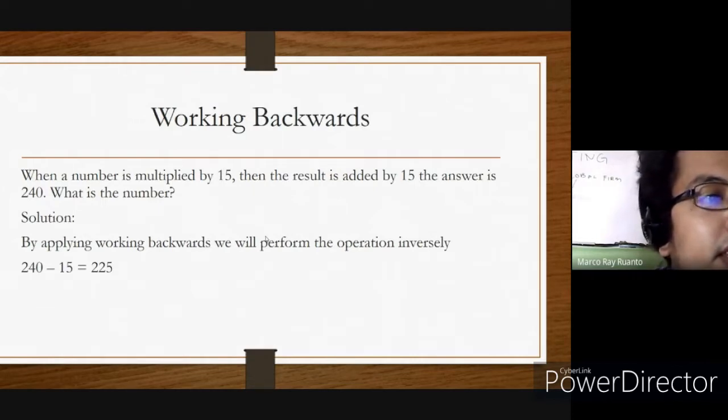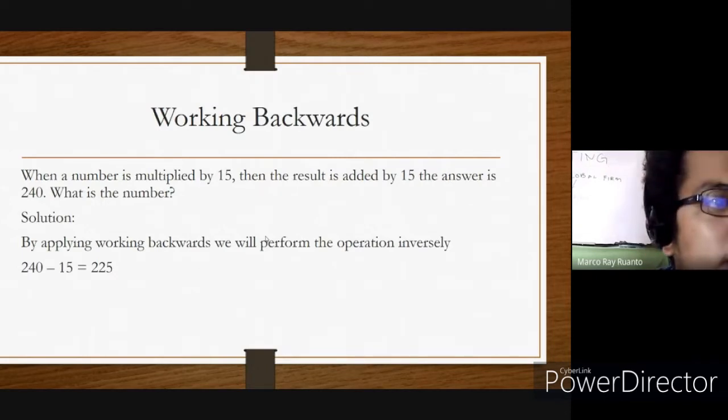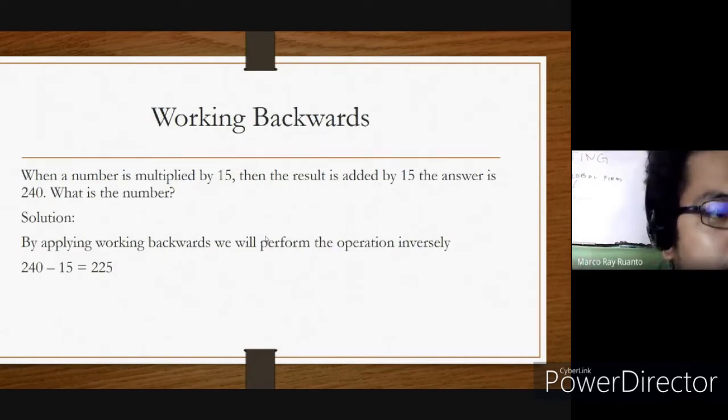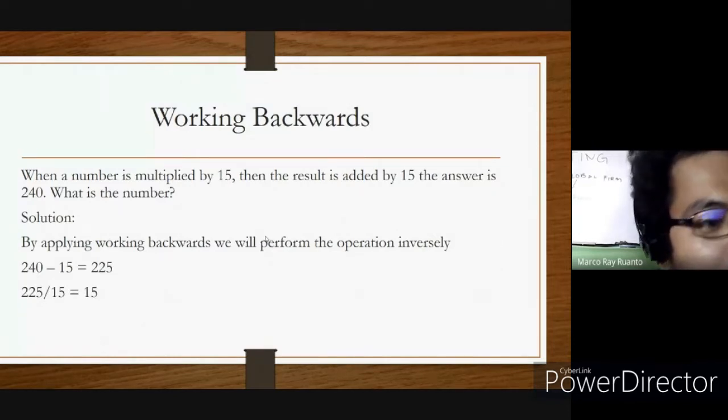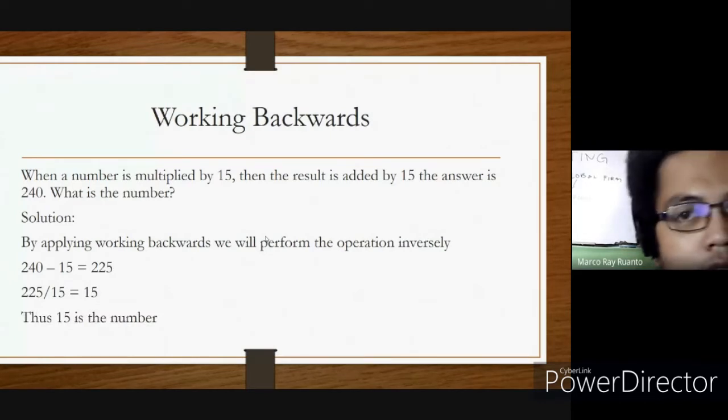Then let's go back to the previous one. In the forward direction, it's multiplied by 15, so if we do it backwards, we divide. So we have 225 divided by 15, and the answer is 15. So we could say that the number is 15.